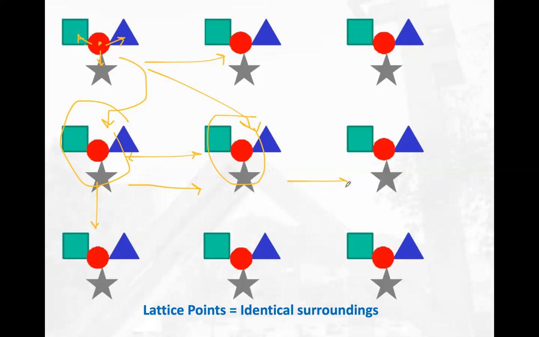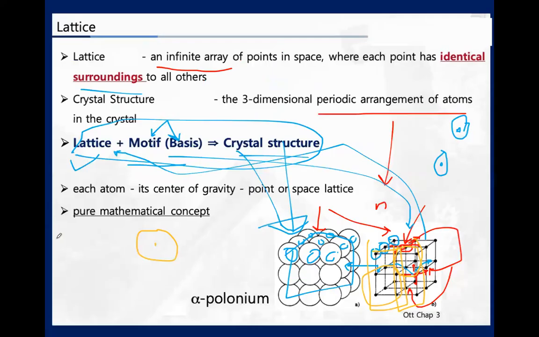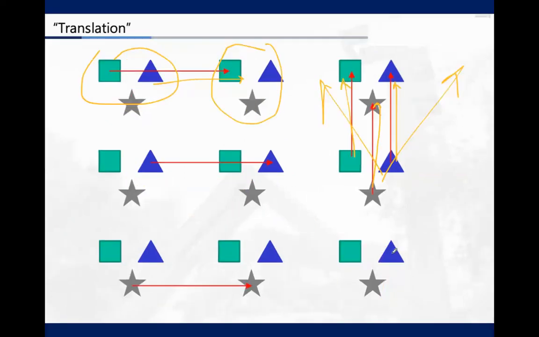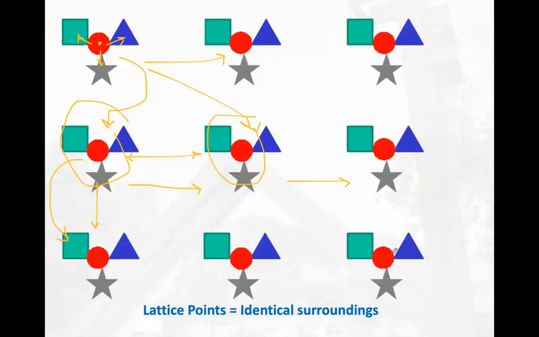So you have the translational symmetry by moving from one lattice point to another lattice point. These lattice points have constant distances, defined in angstroms. Different crystals have different lengths. So these lattice points define identical surroundings, and they can be used to show the translational symmetry.